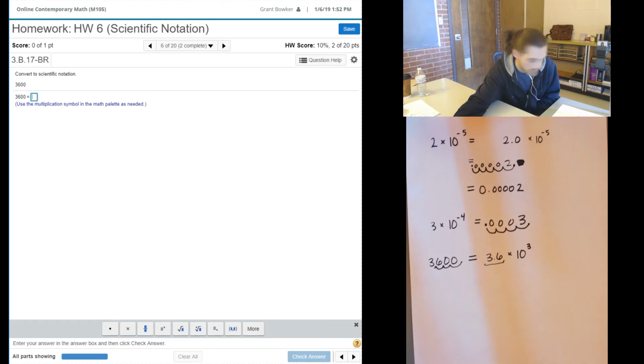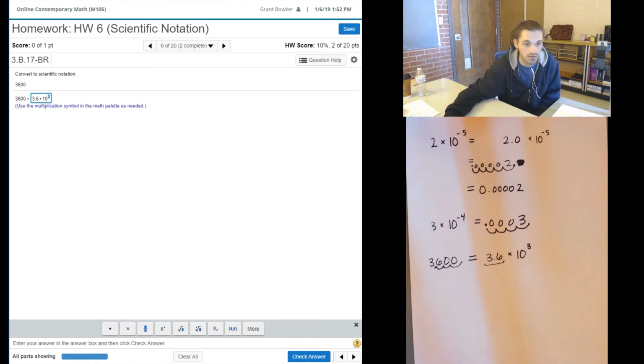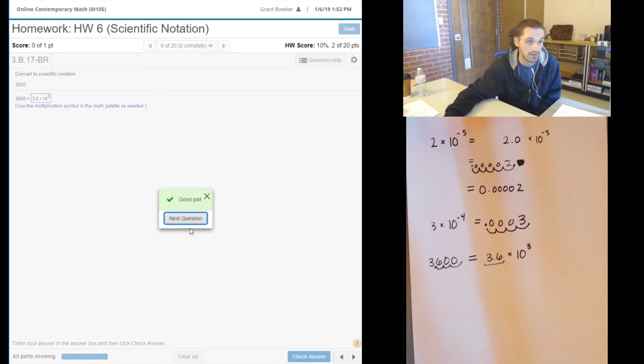So, moment of truth, 3.6 times 10 raised to the 3. Hopefully it'll like my notation. Maybe it won't like the dot, but we'll find out together. Use multiplication symbol in the math palette as needed. We'll see if that's true. And you can use the multiplication on your keyboard, it looks like. So, all right.